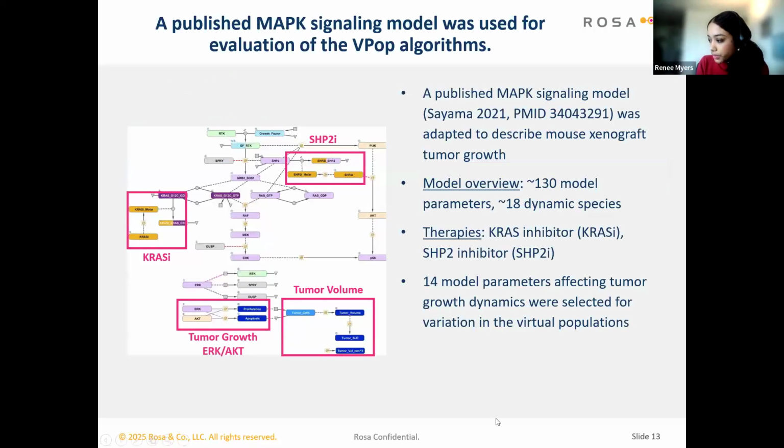Most of these parameters were just determined through sensitivity analysis. We also focused mostly on parameters that guided tumor growth, and those were parameters controlling this bottom half of the figure here. Even though other parameters were identified, we were focusing on which parameters drove changes in tumor volume, which was our outcome. Theoretically, you could do all of the parameters in the model.